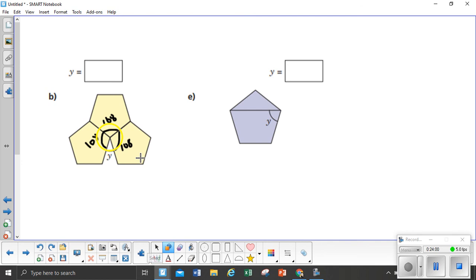So I need to subtract 3 lots of 108 from 360. Now if I partition that, I can work this out in my head. 3 times 100 is 300. 3 times 8 is 24. 8, 16, 24. So I've got 324. And I need to subtract that from 360.